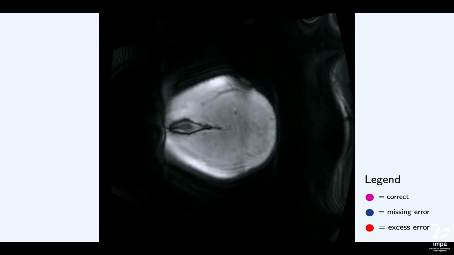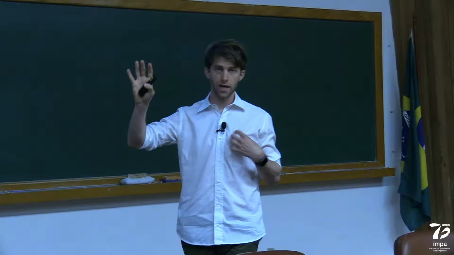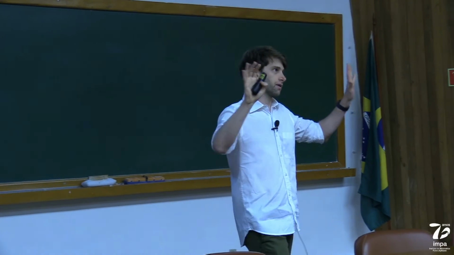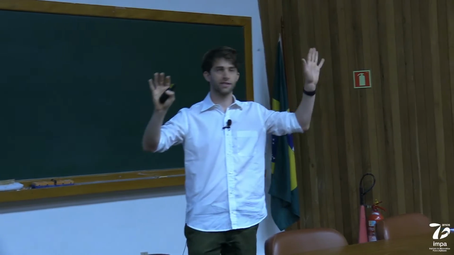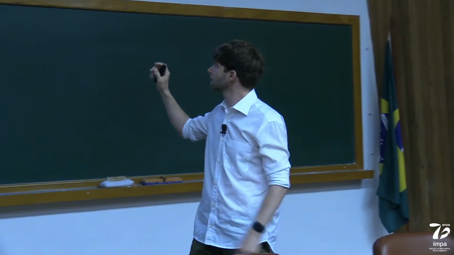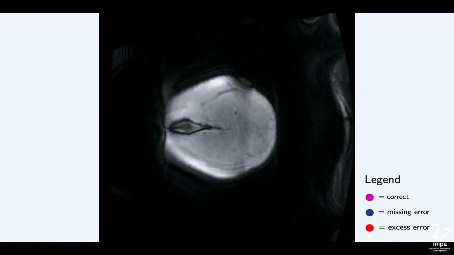Here, you're going to see a sequence of MRI exams, and I'm going to compare two things: the predictions from our algorithm versus a doctor segmenting everything. The doctor took many hours, days, etc., and this algorithm took 5 seconds. Whenever you see pink, it's because we agree on where the fluid is.